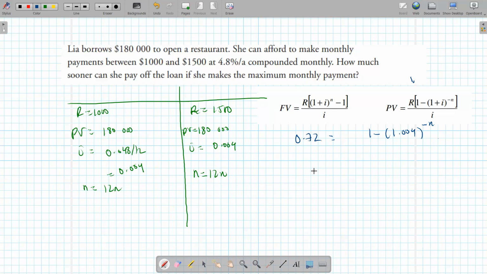Do you add one? No, you'd get a 2 here and 1.72. You subtract 1, that's right. So you get negative 0.28 is equal to negative 1.004 to the power of negative n. What about the minus signs? We have minus signs on both sides.